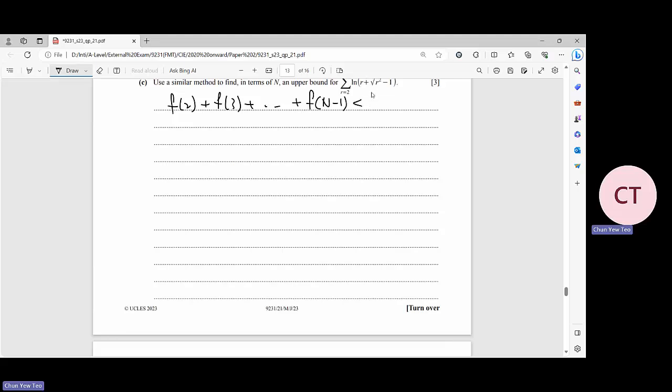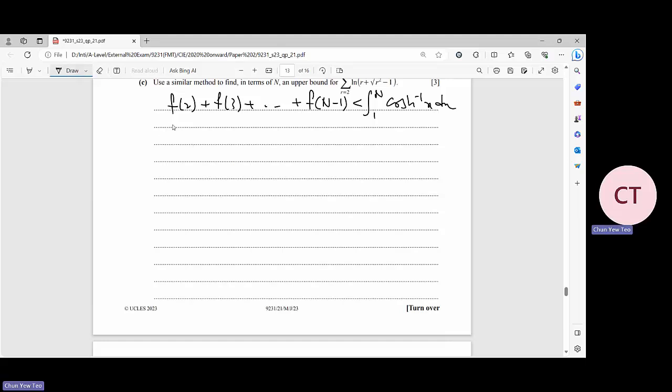It will be less than the integration from 1 to n of the function dx. This part is repeated. Just copy the result from part B will do. So we no need to worry about this right-hand side part.